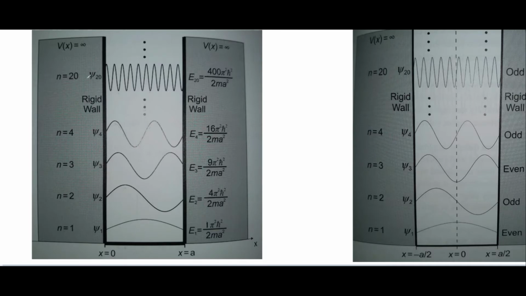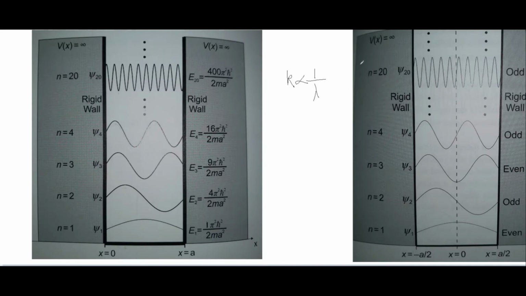And we see that we're getting smaller and smaller wavelengths in here. So we know that k is inversely proportional to the wavelength.